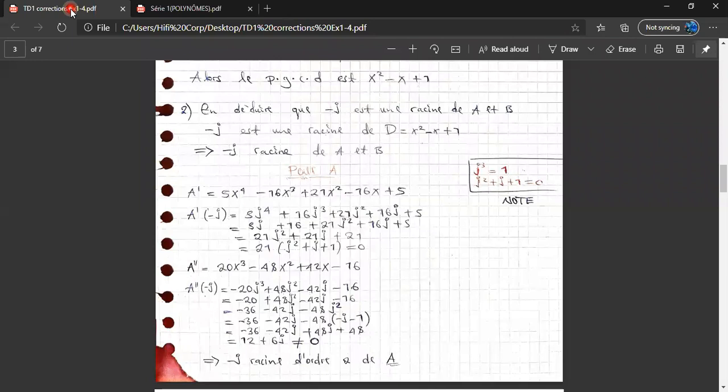Then the third one is just fine. You put negative there, so I think the answer is okay. Yeah, we have negative 36 minus 42j minus 48. You put negative, not positive, so it's fine.